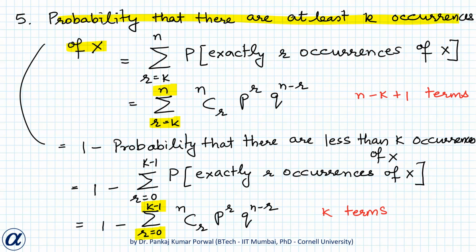That is, when n minus k plus 1 is smaller than k, we will write our answer in terms of this sum, and when k is smaller than n minus k plus 1, we will write our answer in terms of this probability, 1 minus this sum.